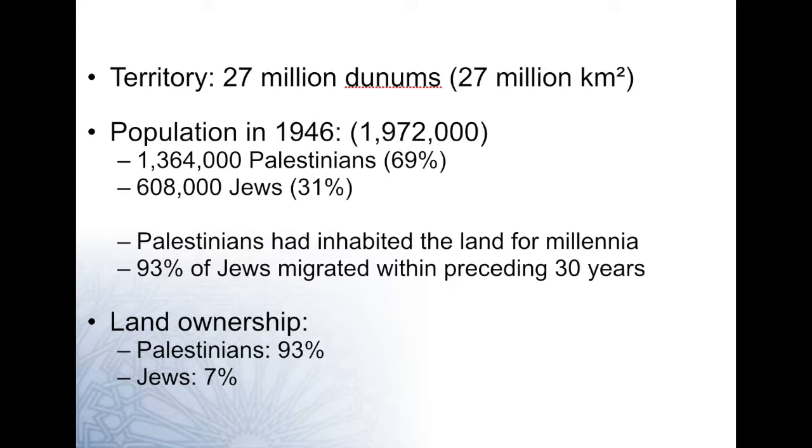Now, most of those Jews were recent migrants. Only about 2 or 3% of historical Palestine was Jewish. So that 31% is represented mainly by the migrants who had come from Europe, not from the indigenous Jewish Palestinians. Okay? So this is an important point to remember.